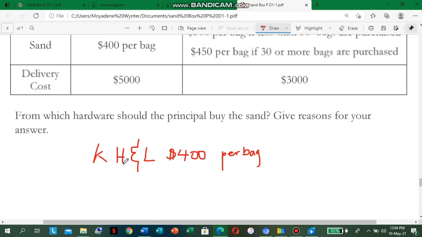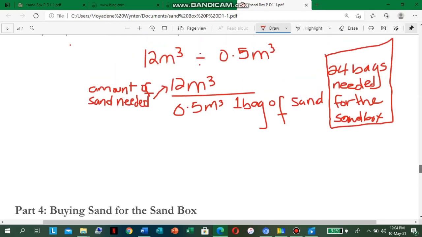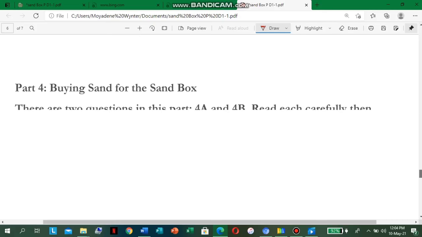So we know that we need 24 bags for the sandbox. Remember, we worked that out.